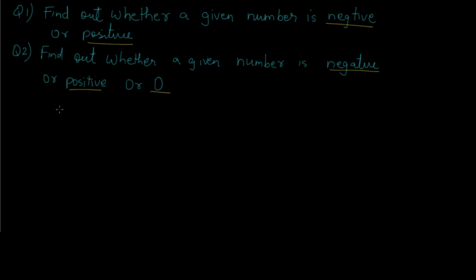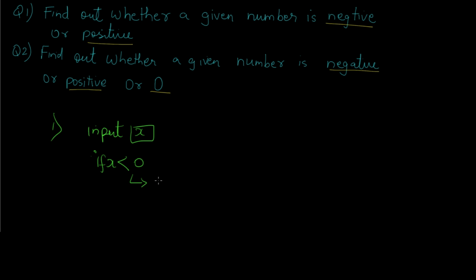So let's just assess the first problem. In the first problem, we first have to take the input from user. Then we have to check if it is less than 0. So here x is the variable and we have to check if x is less than 0.